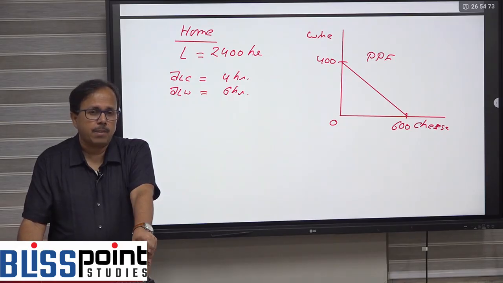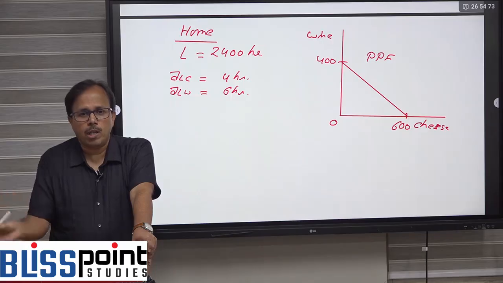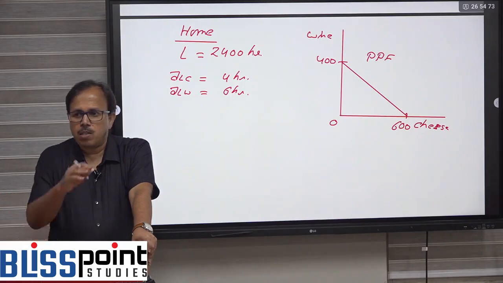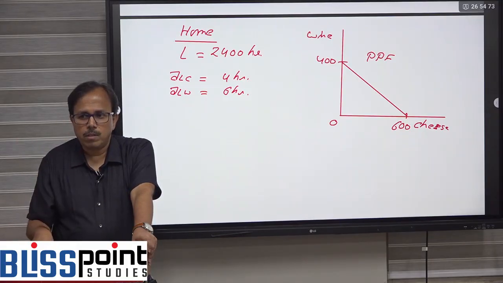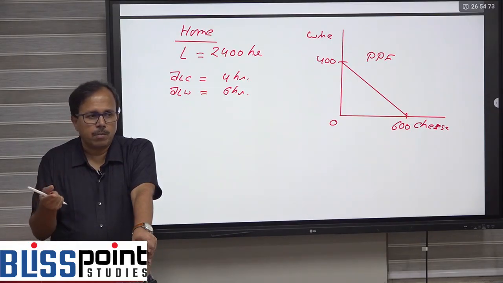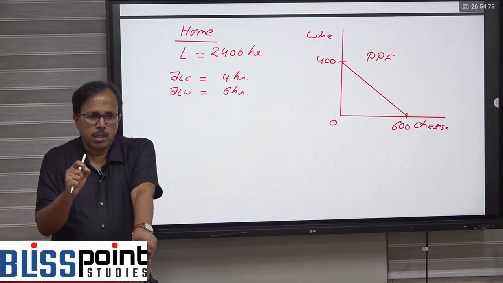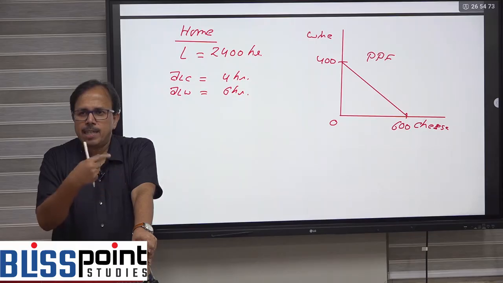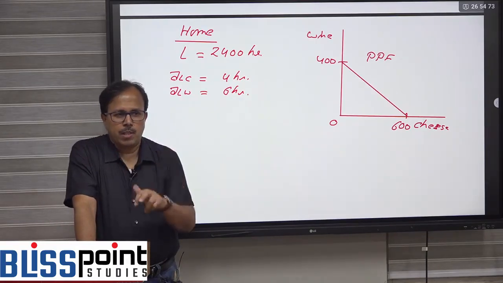And why a straight line? Why not concave? And when will it be concave? It is drawn as a straight line, but PPF is also drawn concave. We will draw concave later. Whenever opportunity cost is constant, then the line will be straight. In simple form, if we are dealing with only one factor, it will be straight.